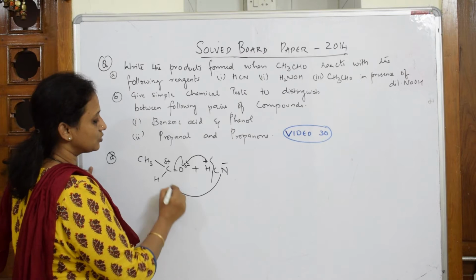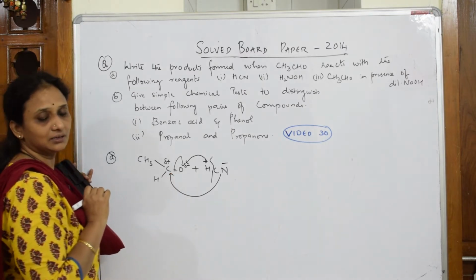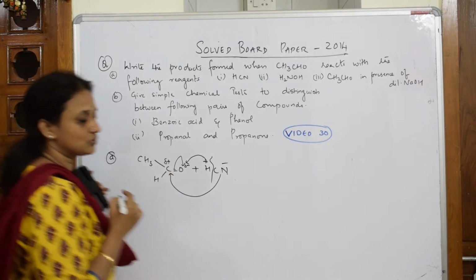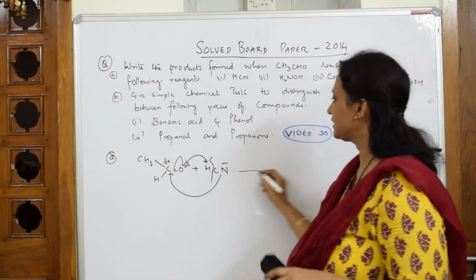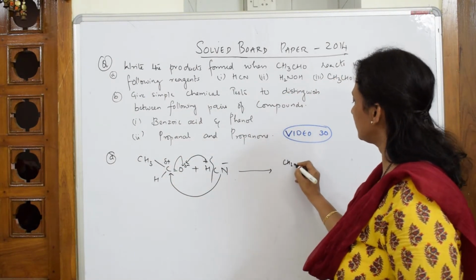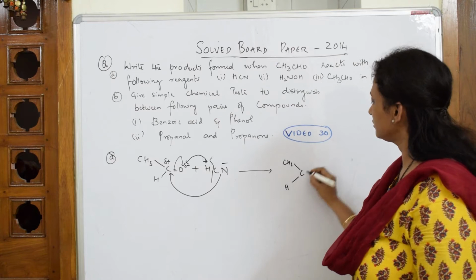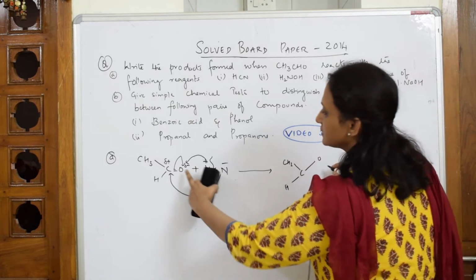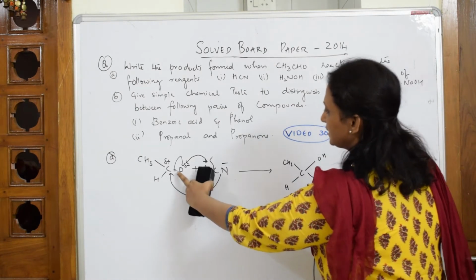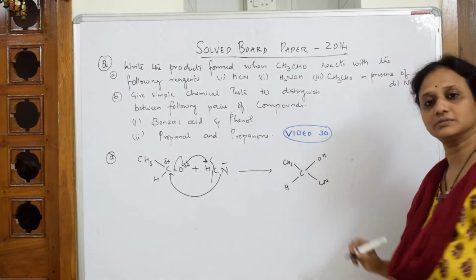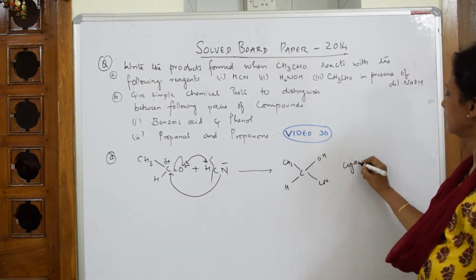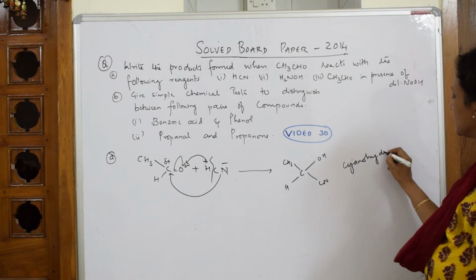The negative end attacks the carbon atom, the carbocation. So what do you get? CH3 is still there, your carbon, your hydrogen, O and H, OH, and C is attached to the cyano group. This is called cyanohydrin.